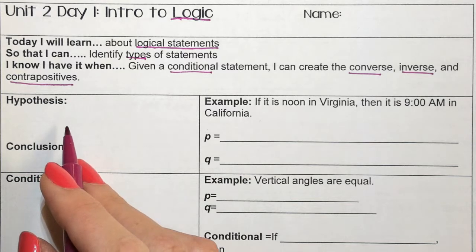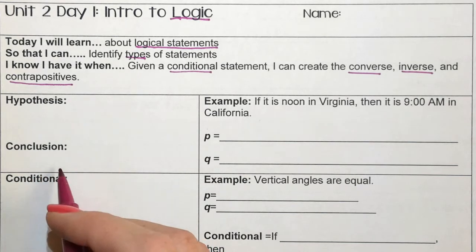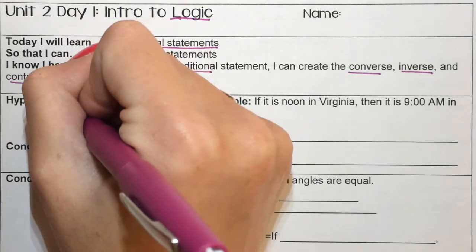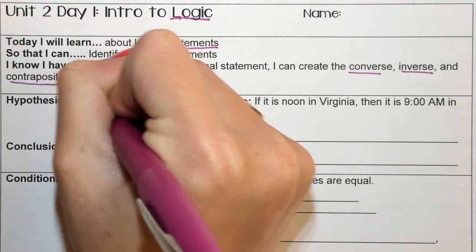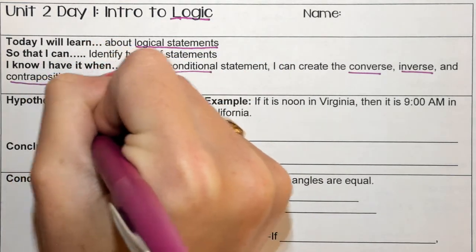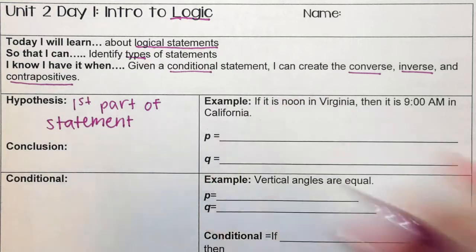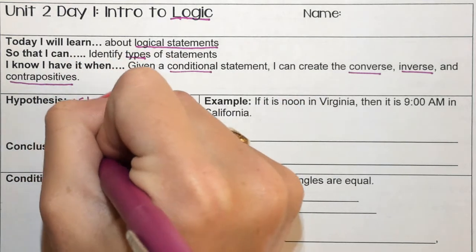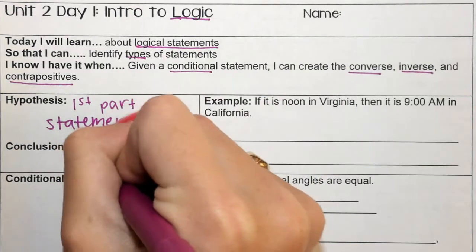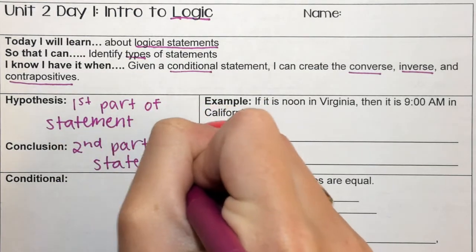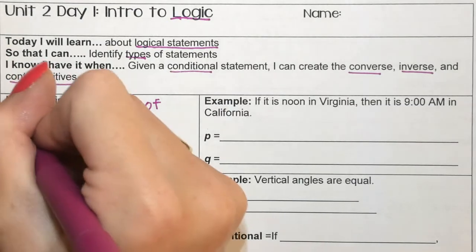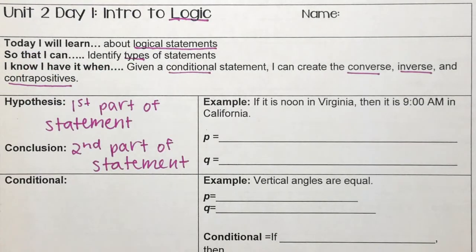Alright, so our hypothesis and conclusion, this is kind of like science class maybe, but your hypothesis is just the first part of a statement. And so if the hypothesis is the first part, the conclusion is the second part. So our symbols for those, here I'll use a different color.